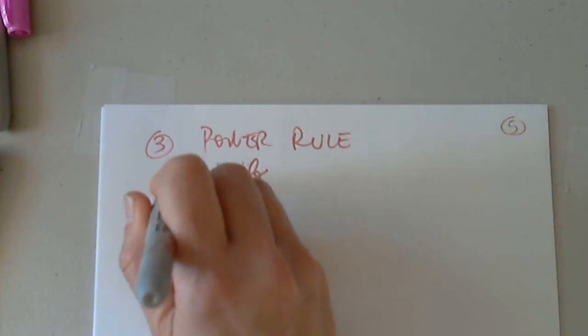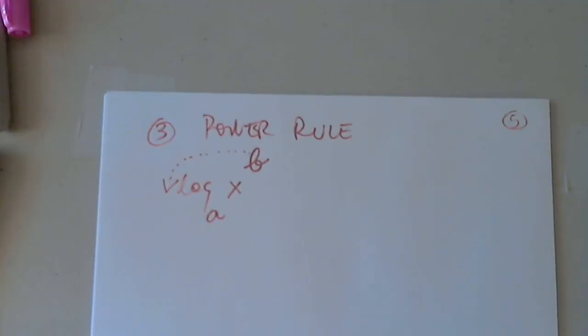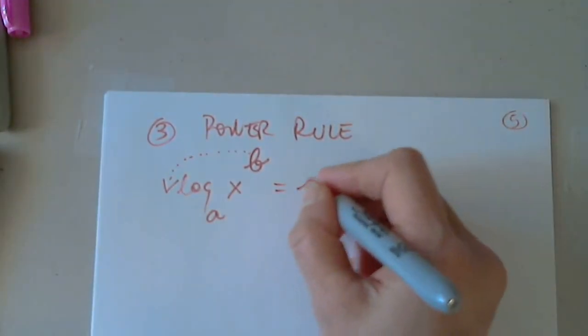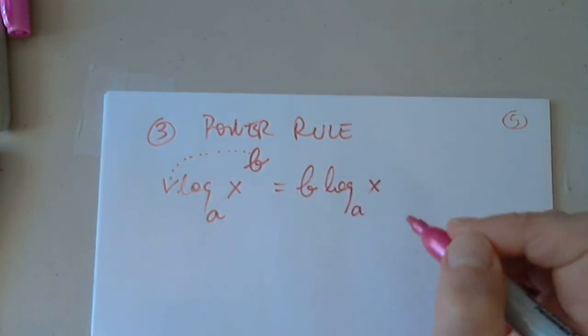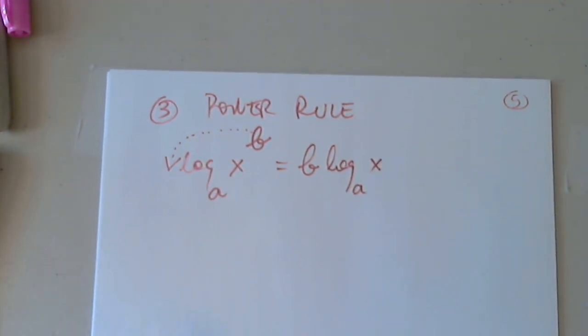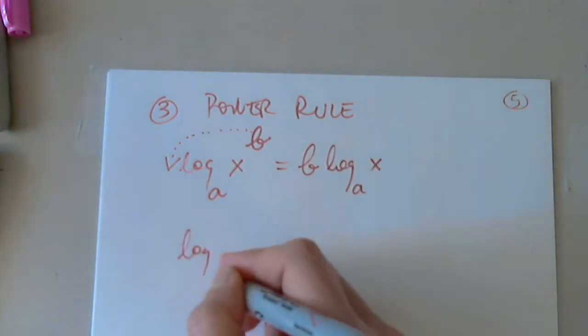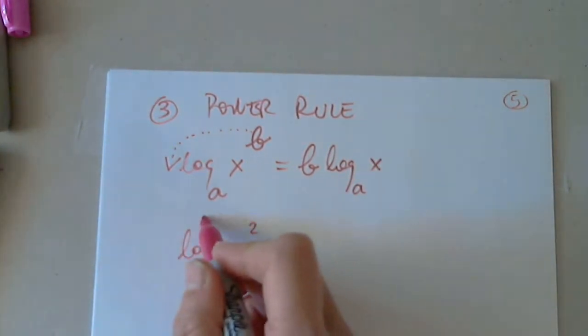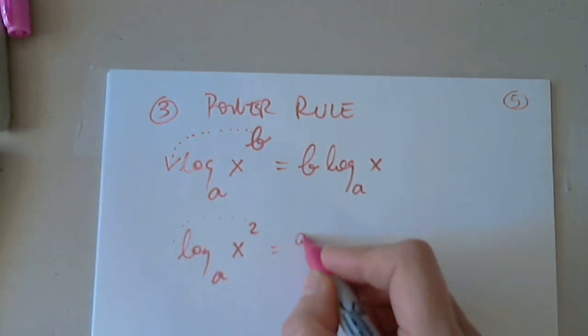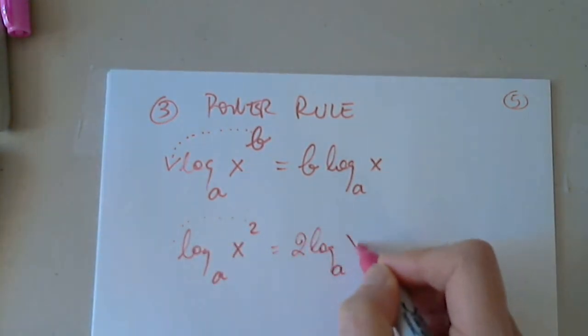This power goes in front as a factor, meaning it multiplies log. Don't write plus or minus or anything else. So this becomes b times log base a of x. So for example, if I have log base a of x squared, 2 goes in front as a factor, so 2 log base a of x.